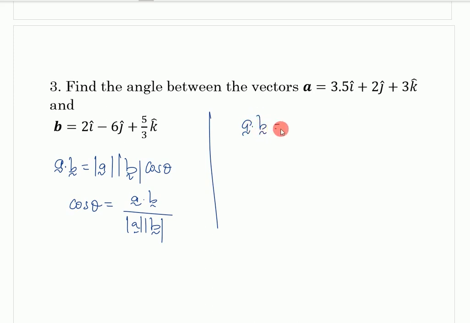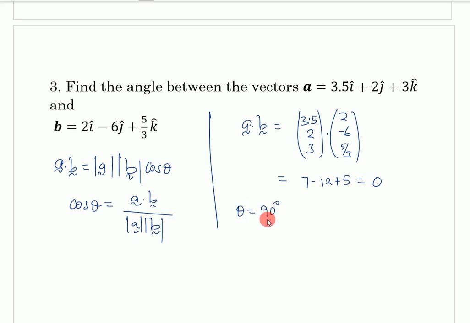a dot b is equal to 3, 5, 2/3 dotted with this one, 2, -6, 5, and we shall have 7 minus 12 plus 5, which is equal to 0. So here we are having that the dot product is already 0, meaning that they said find the angle between them, so it means that theta is equal to 90 degrees.